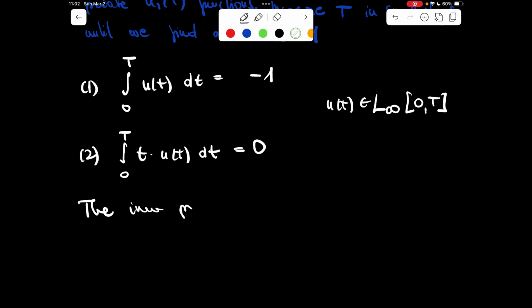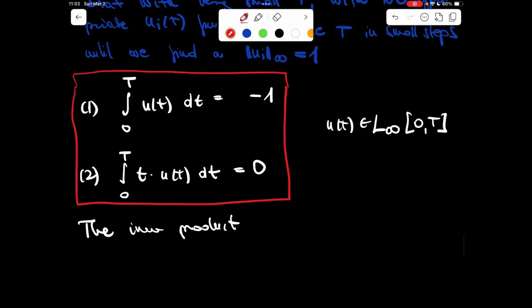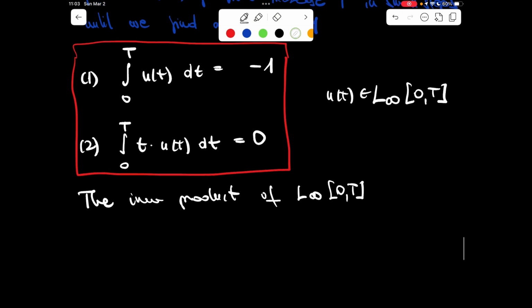Let's formalize these 2 restrictions with the use of the inner product of the function space. The inner product of the function space we work with is specified on page 48 of the textbook. This is simple. This is the inner product.